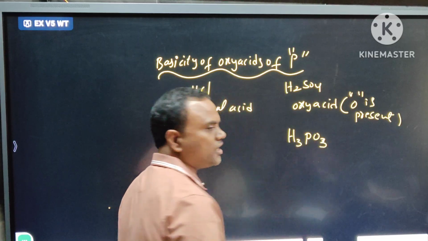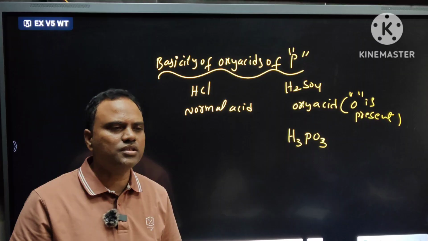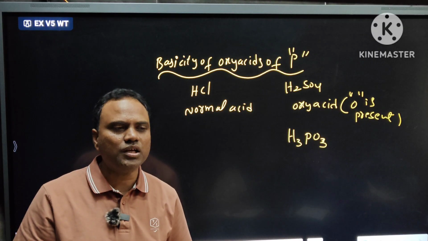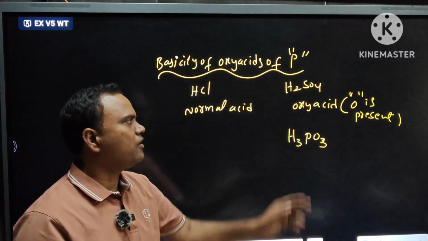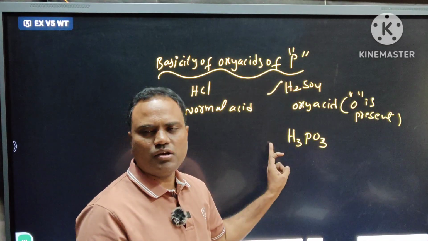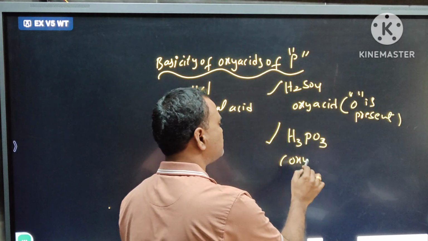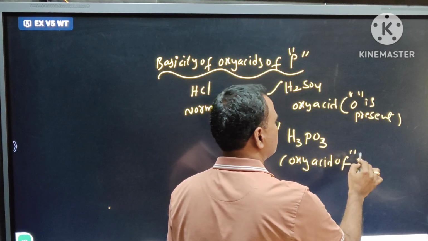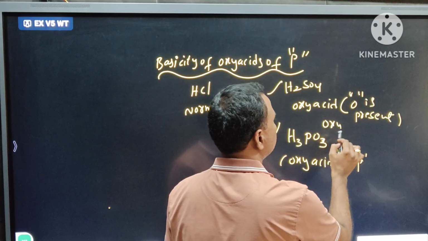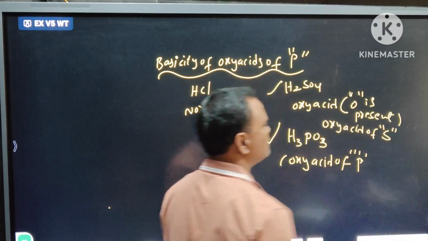Now you tell me, is the second one an oxyacid or not? Oxyacid only. Oxygen is present, but oxyacid of what? Phosphorus. Oxyacid of sulfur, oxyacid of phosphorus.